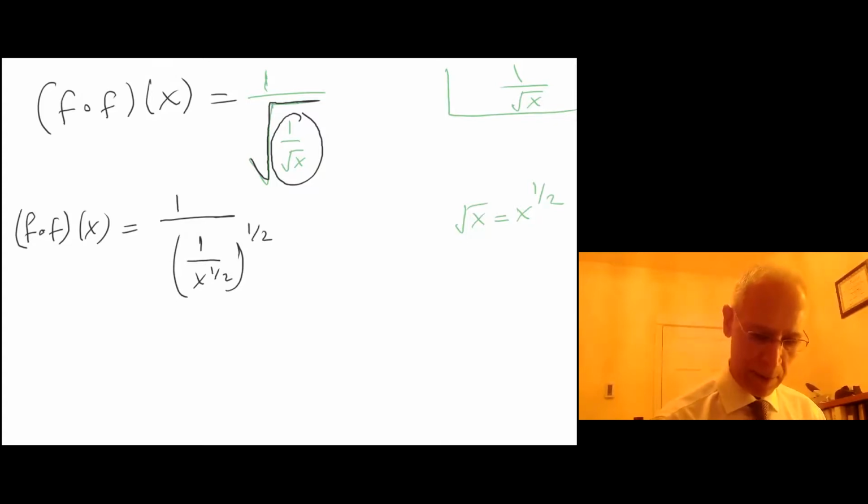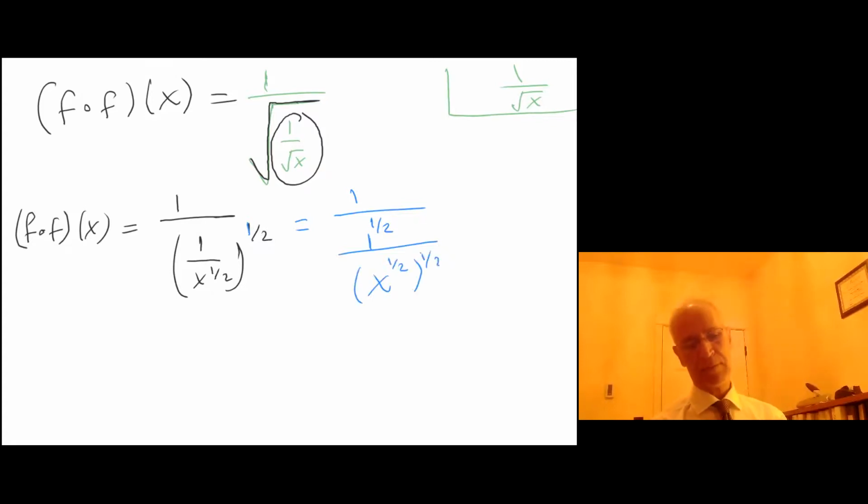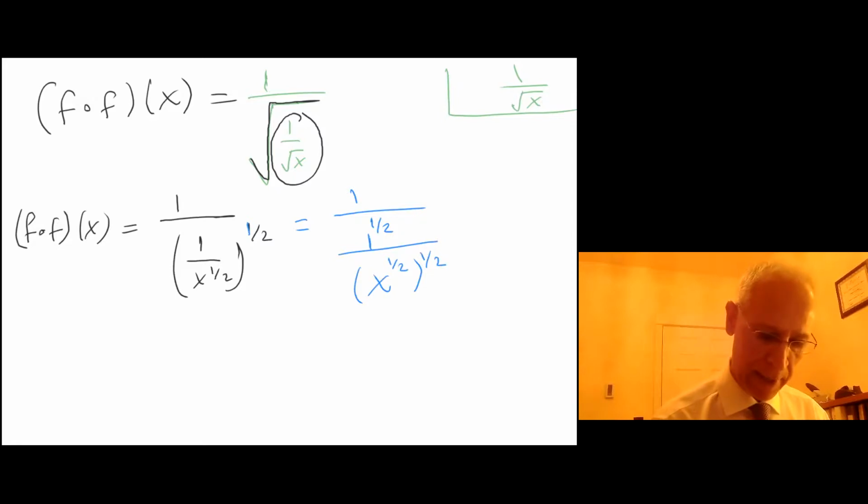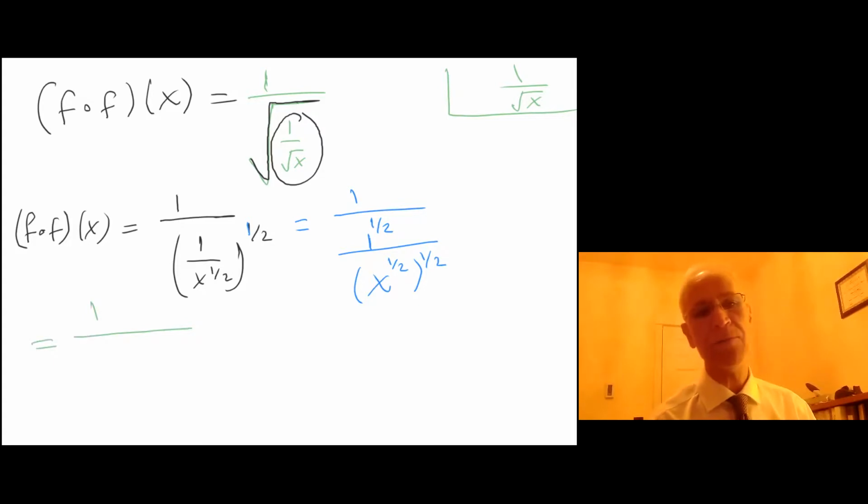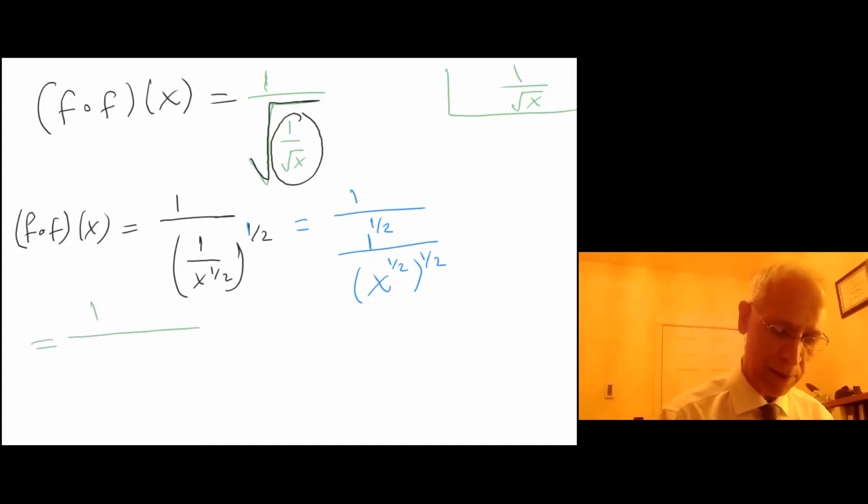This is the same as saying 1 over the denominator. Since this is a power, I'm going to rewrite this as 1 to the power of 1/2 over x to the 1/2 to the power of 1/2. And so that equals, here's the 1 on the very top, over x. 1 to any power is just 1. So this is just 1 over x to the 1/2.